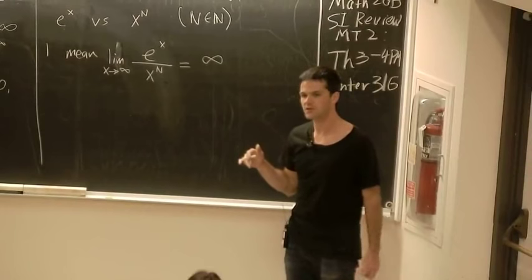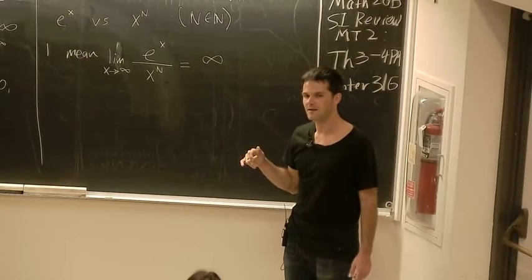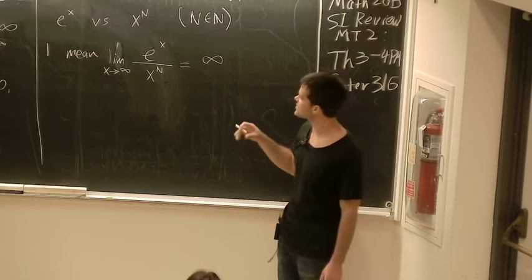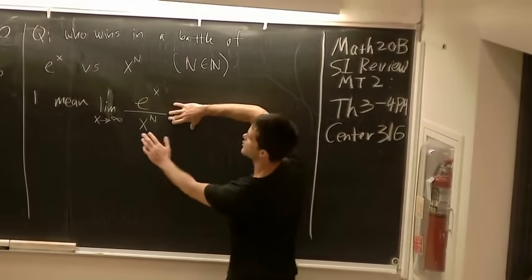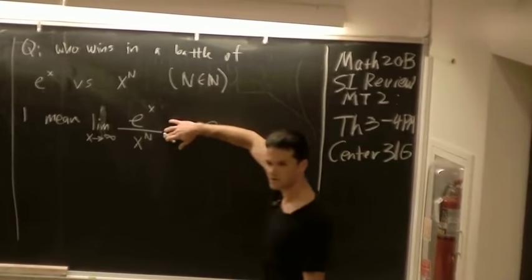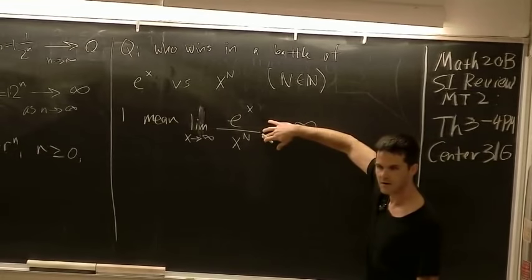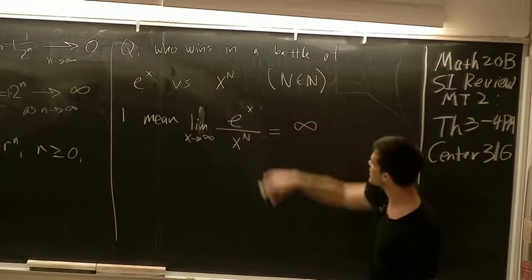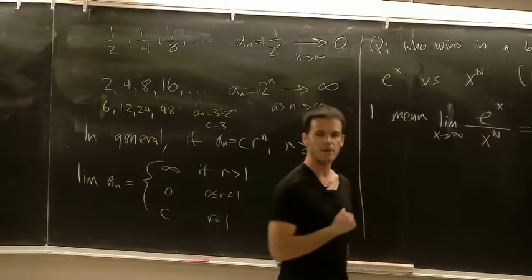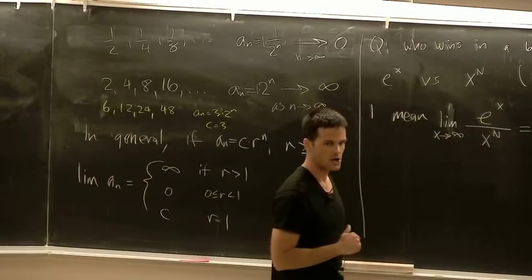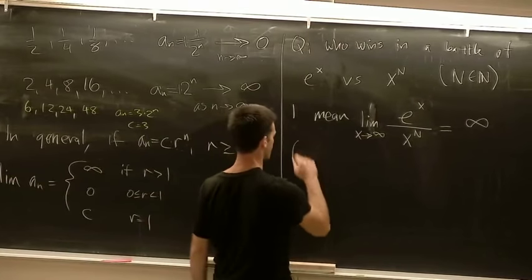And how could we show that? If I asked you at the beginning of 20A how to evaluate this limit, what would you do? L'Hopital, yeah. So, okay. I encourage you to verify this by repeated application of L'Hopital's rule.